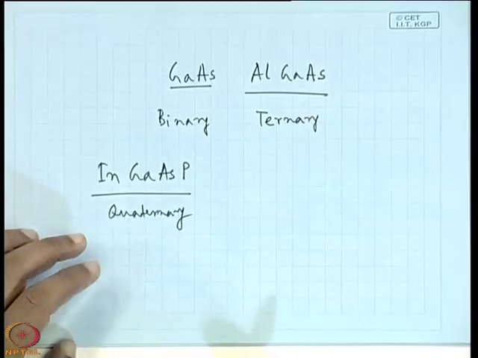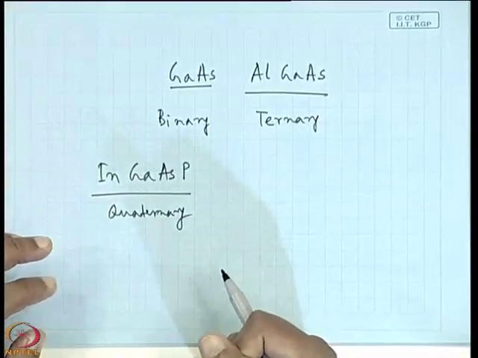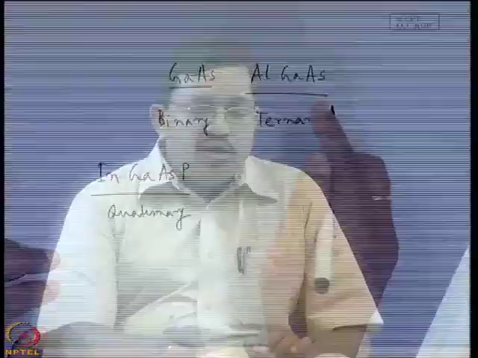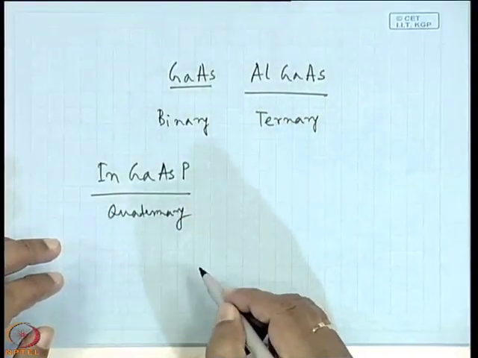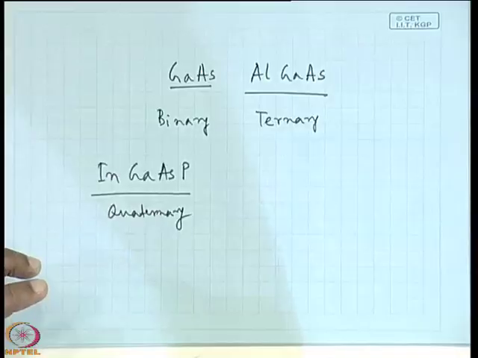So 3,5 compound semiconductors can be grown as binary, ternary or quaternary. When you go for ternary or quaternary, that means some band gap engineering is made. That means you are changing the band gap of the material.